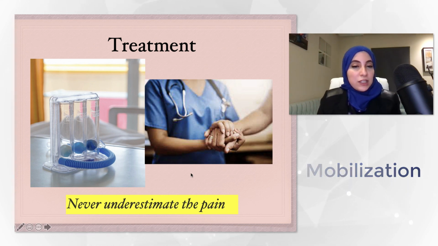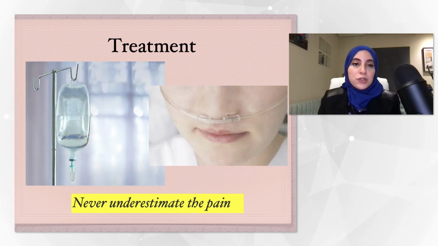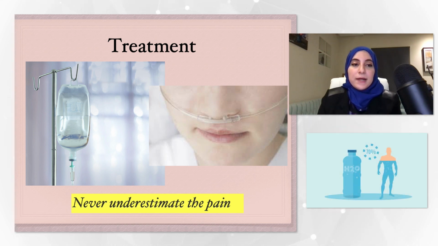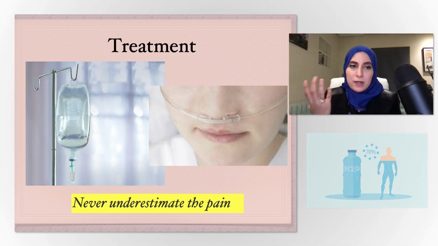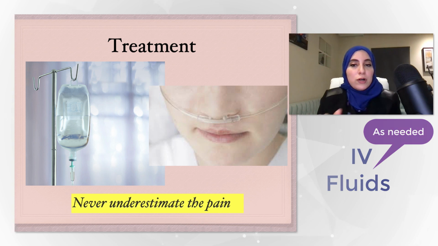Blood transfusion is not usually needed. If you have another indication for blood transfusion, you will transfuse them. But they might need hydration, because usually they're unable to drink fluid because of the pain. And we mentioned that dehydration is an aggravating factor for sickling. So give them IV fluid, but don't overhydrate them.